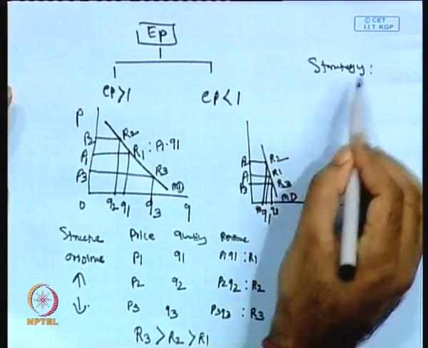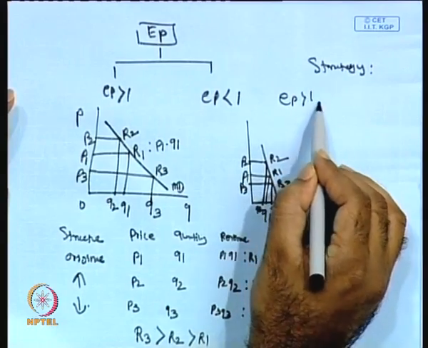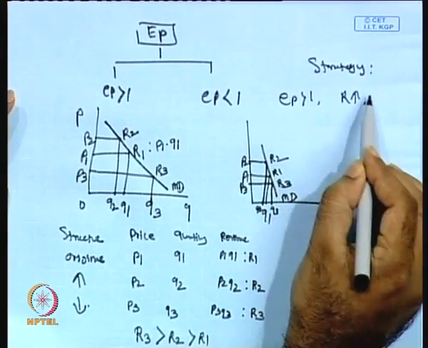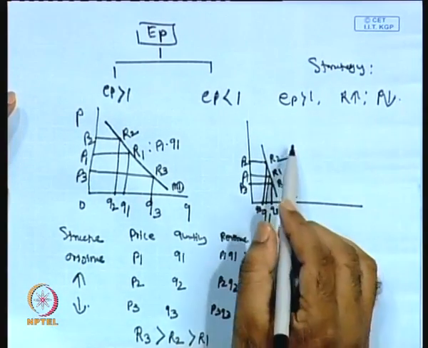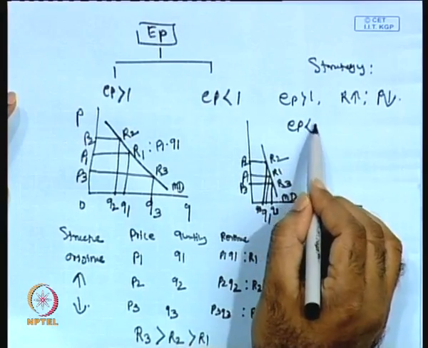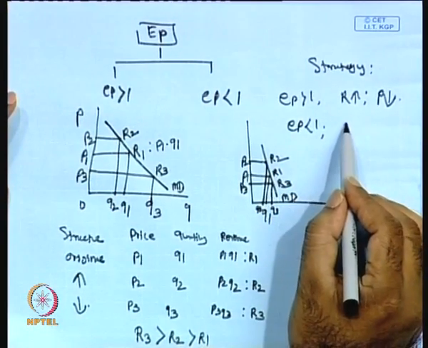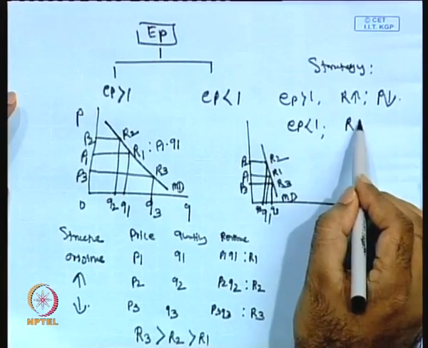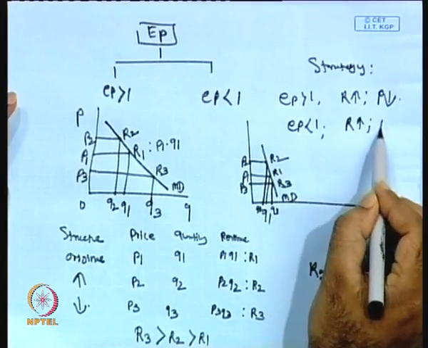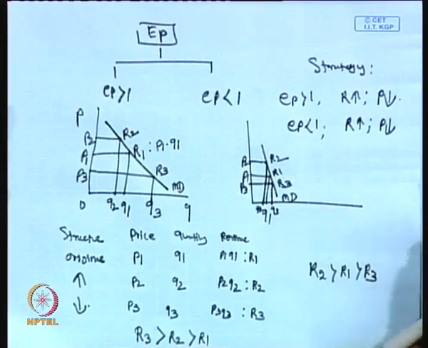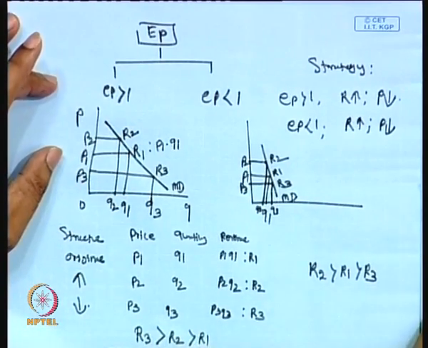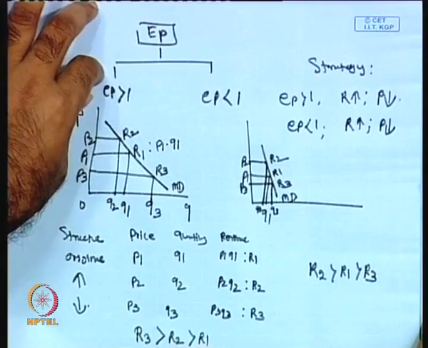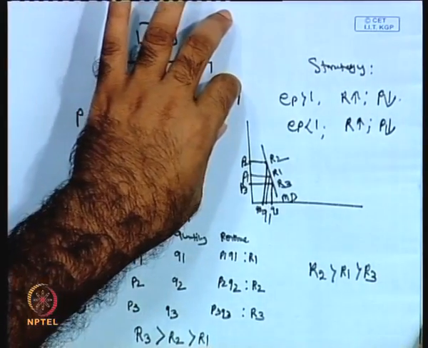So that means, when EP is greater than 1, we come down to the strategy. If EP is greater than 1, then to get more R, you need a price decrease policy. Okay. Now for EP less than 1, to get R to increase, you must have a price increase policy. So for this existing problem, we have to check whether EP is greater than 1 or less than 1.